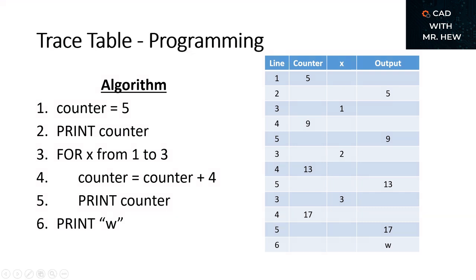So in today's video, I showed you an algorithm with a for loop, and I showed you how to use a trace table to indicate the values for the counter, the x, and the output as the program executes from lines 1 to 6, including the for loop, which we went through 3 times.